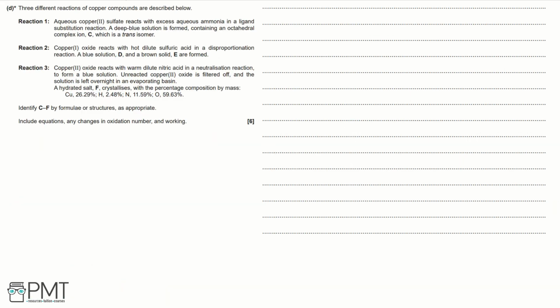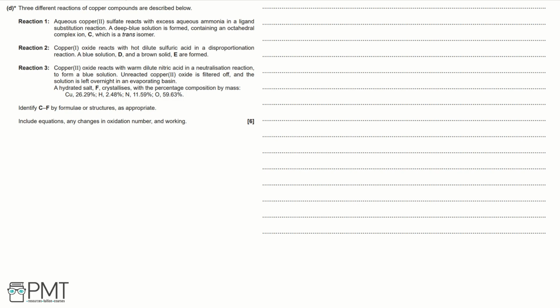Part D. 3 different reactions of copper compounds are described below. Reaction 1. Aqueous copper 2 sulfate reacts with an excess aqueous ammonia in a ligand substitution reaction. A deep blue solution is formed containing an octahedral complex ion C, which is a trans isomer. Reaction 2.